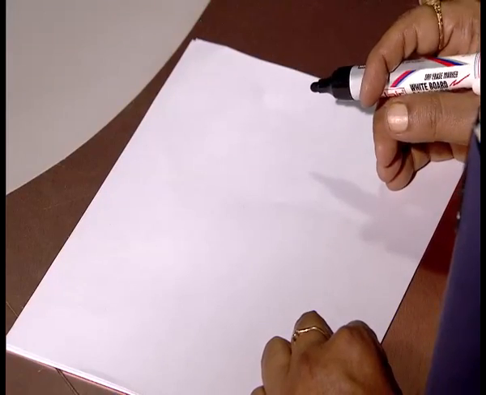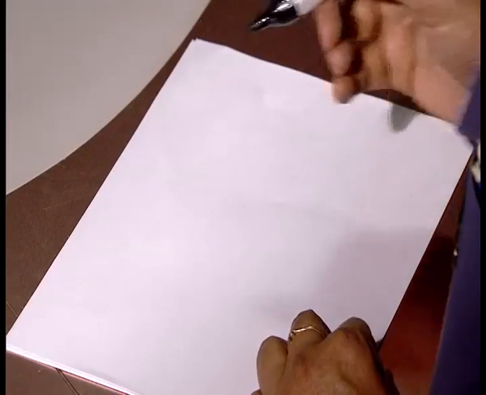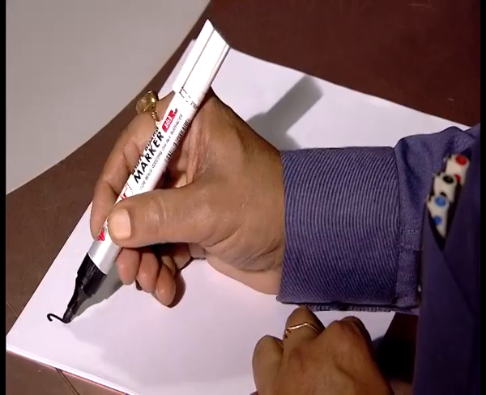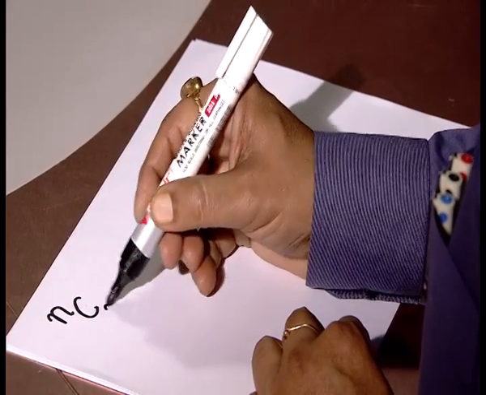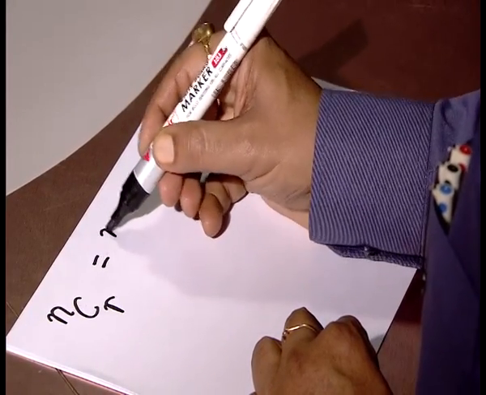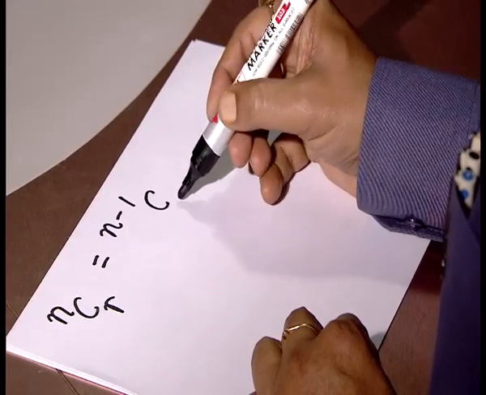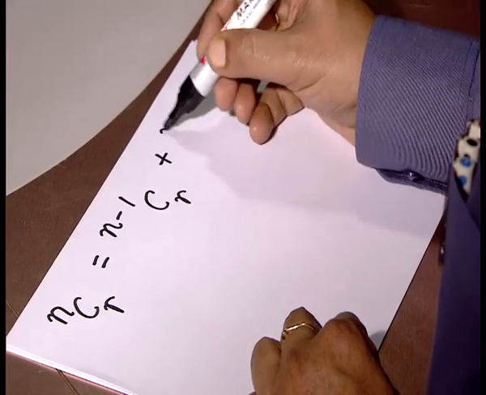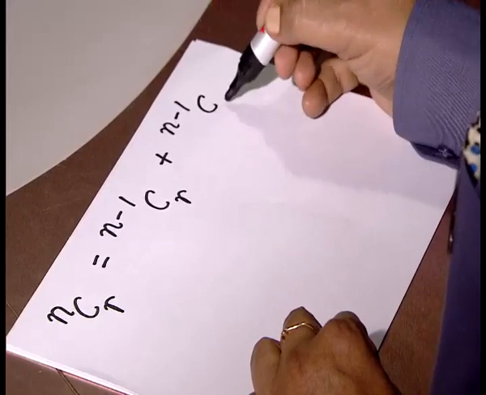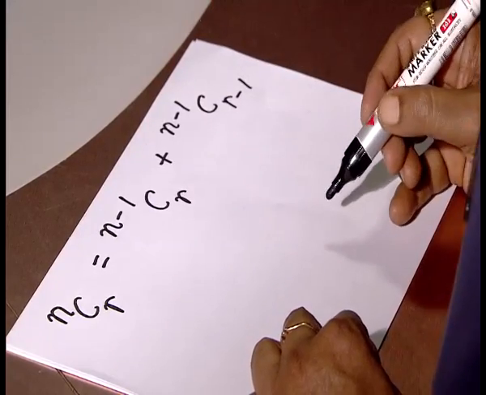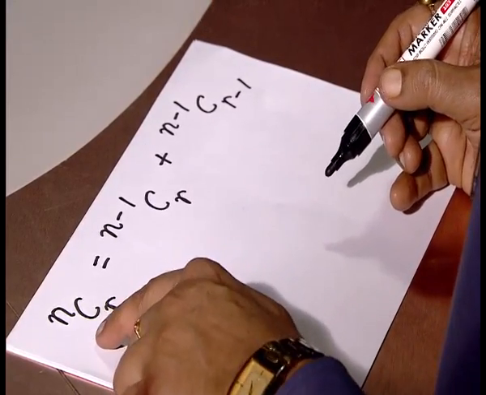The value is 1. The next result which we will establish by way of reasoning is very common to you. NCR is equal to n minus 1 CR plus n minus 1 C r minus 1. Now, what is NCR?